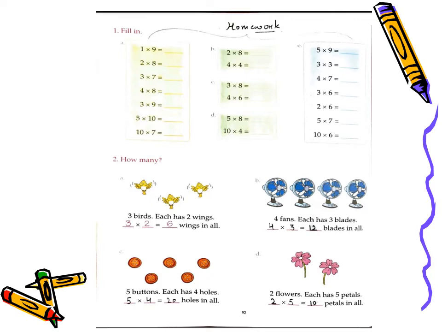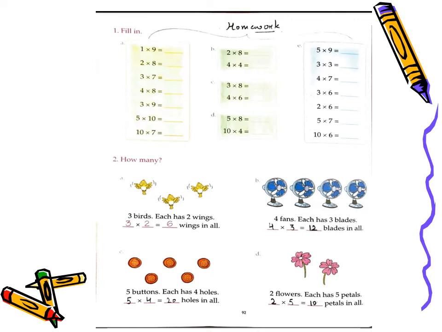That is 20. 5 into 4 is 20. Coming to D part, 2 flowers, each has 5 petals. So we will write 2 flowers, the total number is 2 into 5, because each flower has 5 petals. 2 into 5 equals 10. 10 petals in all.